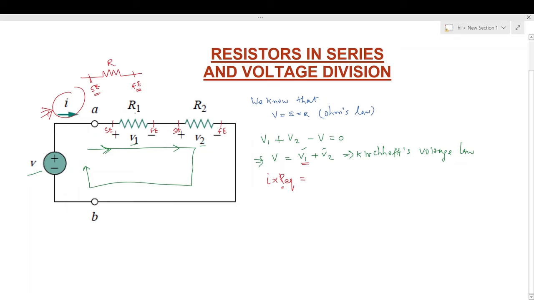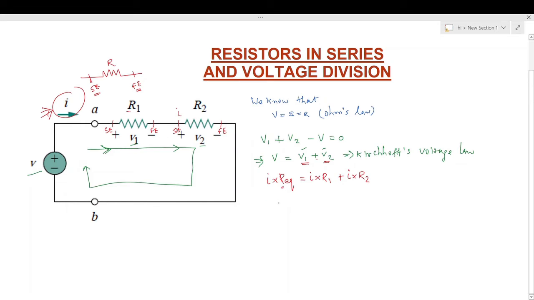The amount of current flowing through R1 will be I, correction, I into the resistance R1, plus the voltage drop across R2, V2. The amount of current flowing through R2 is also I, and the resistance of the R2 resistor will be R2.